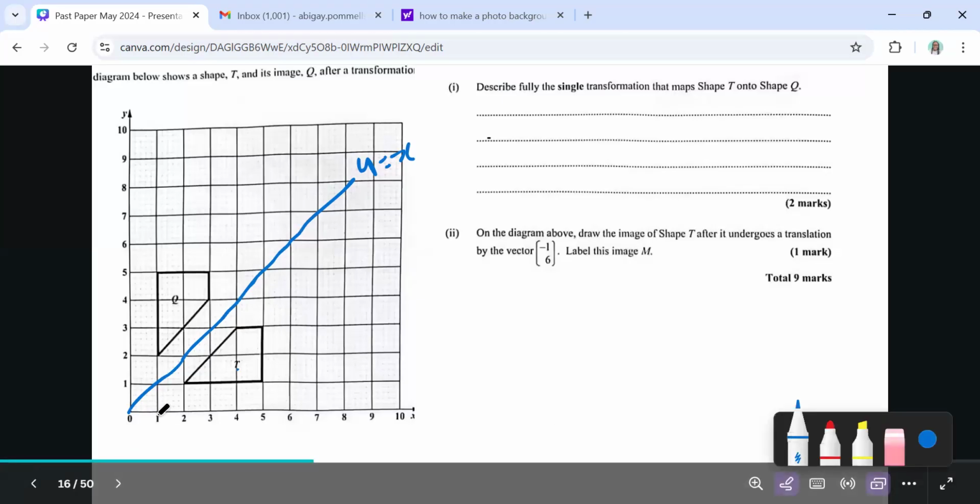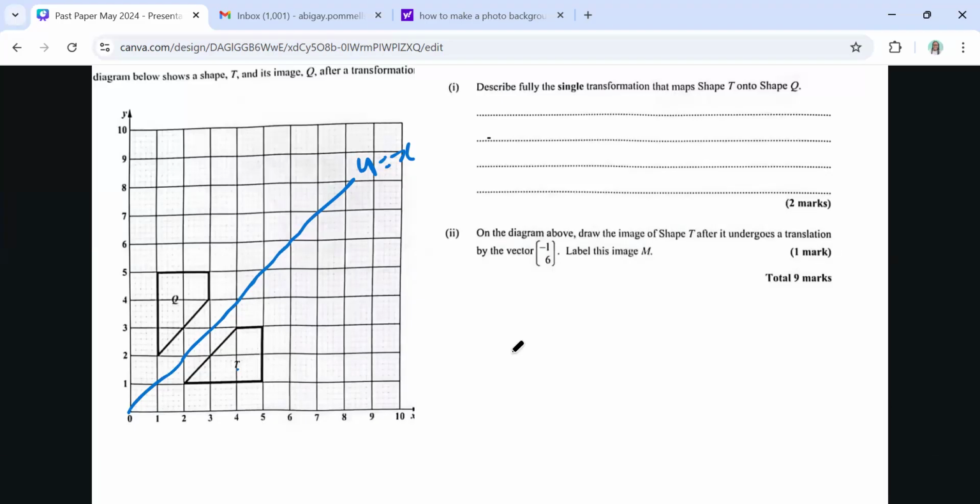So 1 map onto 1, 2 map onto 2, 3 map onto 3. Yeah, so y equal x. So it's a reflection, and the mirror line is y equal x. That's all it's asking you to do. 2 marks and it's done.